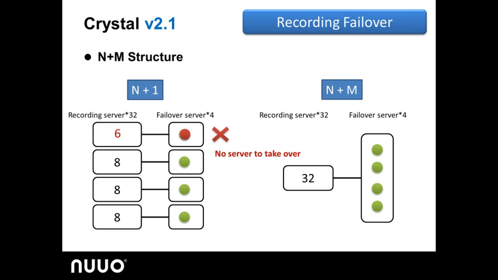So if there's more than one server failure in the first server group, the other failover server cannot take over the recording job.